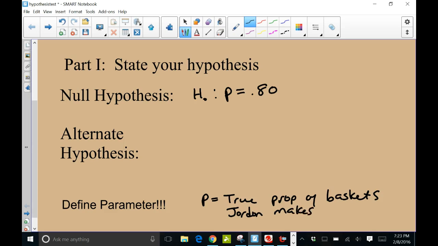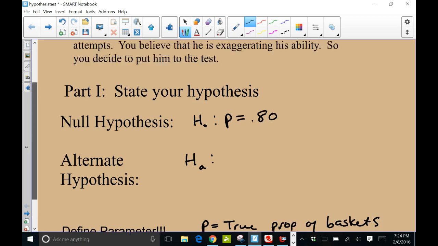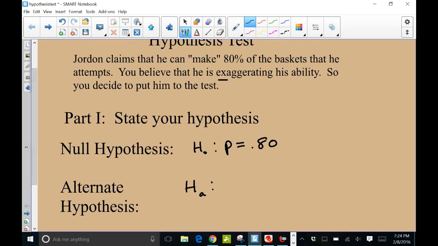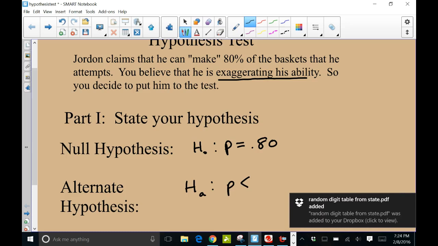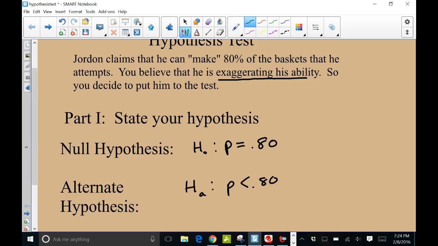Now, the alternative is always what you're trying to prove, and we designate it as H sub a. According to what was given here, we think he's exaggerating. So we think the real value is less than 0.80. The null I think of as the status quo.